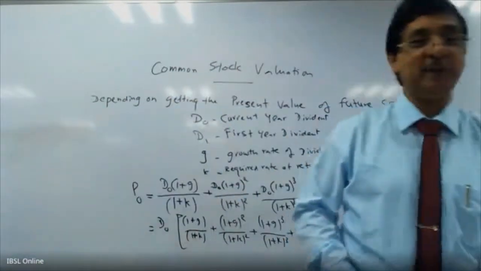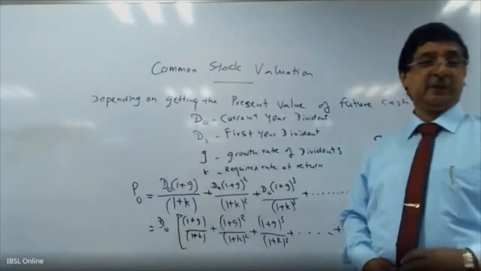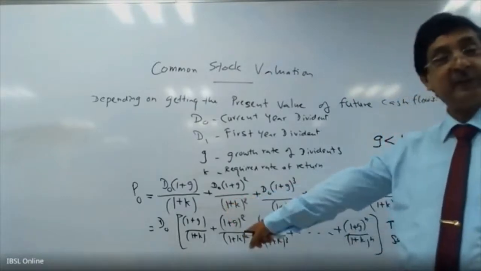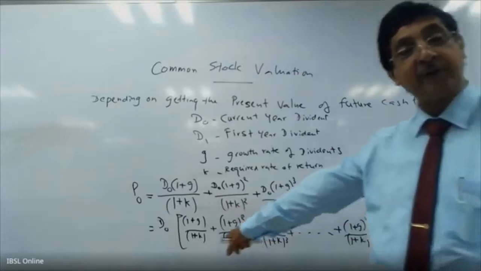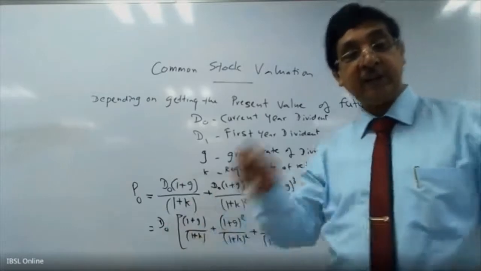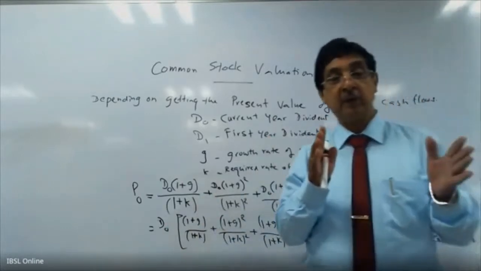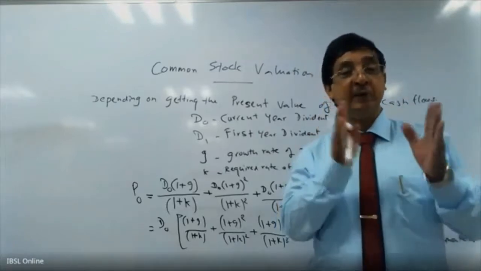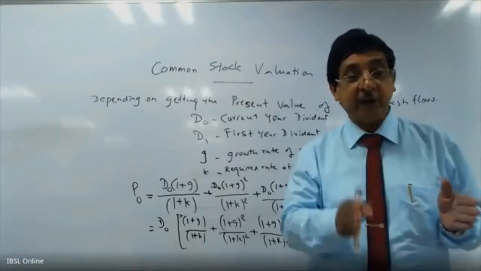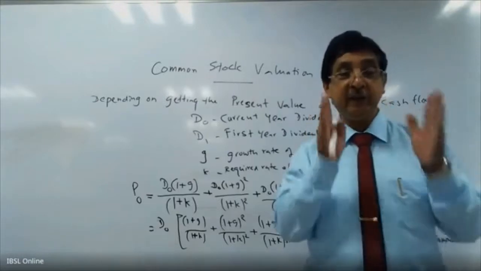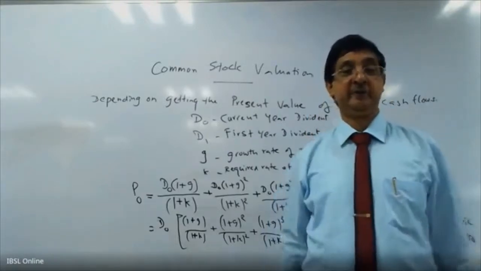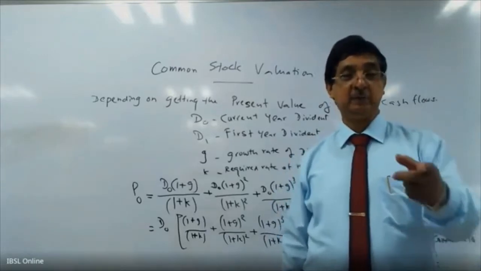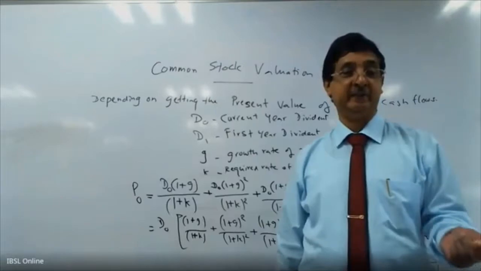I think you got my point. So in order to apply this method to get the price of a stock, what is the condition? The growth rate of dividends should be lower than the required rate of return. That's a very, very important point to note.